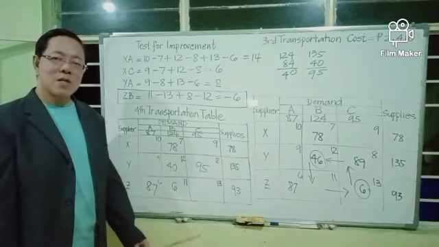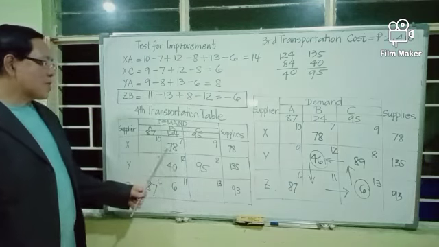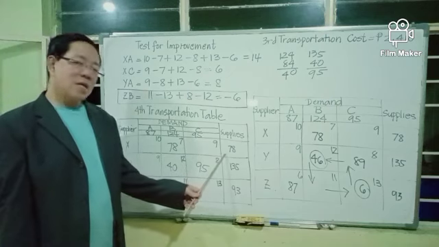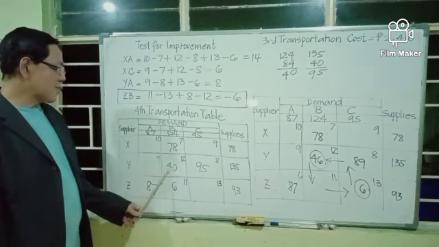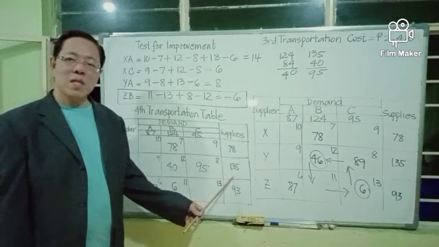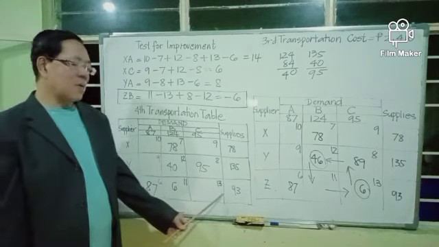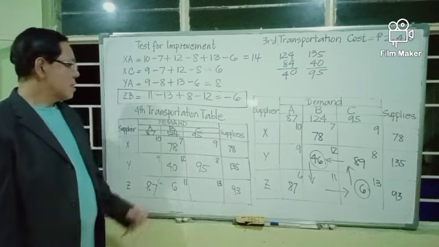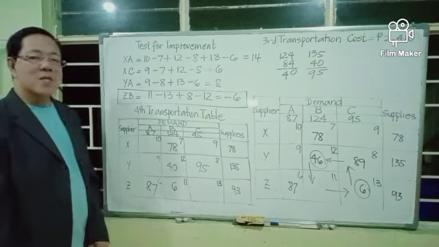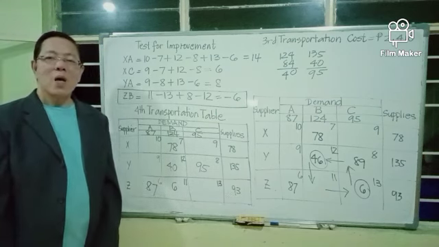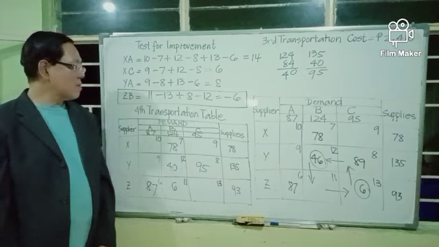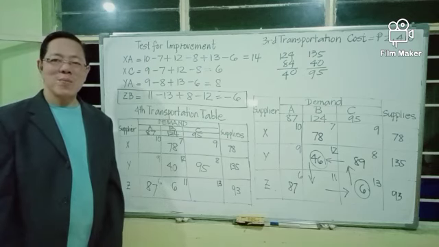Also add the numbers horizontally. 0 plus 78 plus 0 is 78. 0 plus 40 plus 95 is 135. 87 plus 6 plus 0 is 93. So this is the fourth transportation table from which we will now develop the fourth distribution plan.